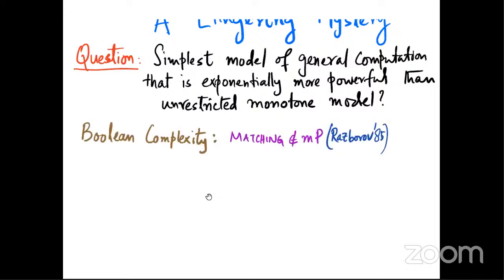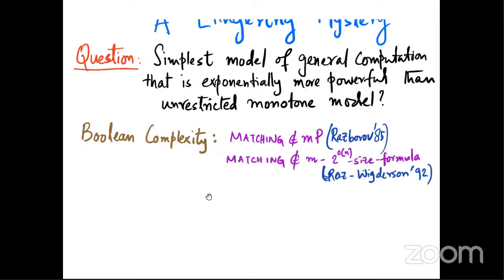What do we know about that? How does the matching result fit in with this question? We know that matching is not in monotone P. It cannot be computed efficiently. But matching is not known to be computed, let's say, by circuits of constant depth.